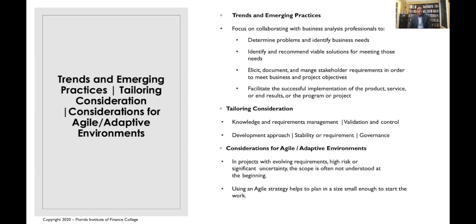So it's kind of a collaboration tool, because this process determines problems and identifies business needs. If you bring the business analyst, they identify and recommend viable solutions for meeting those needs, elicit, document and manage stakeholders' requirements in order to meet business and project objectives, and of course, facilitate the successful implementation of the product and service.